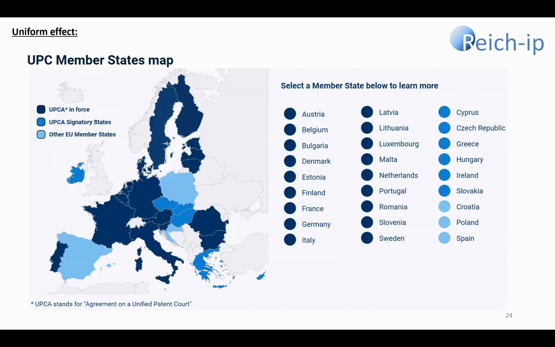So the current UPC member states are as follows. Here you have the map. So with one single grant you can receive protection in these states, amongst others, Germany. And when I summarize this issue, it depends how companies choose their protection.